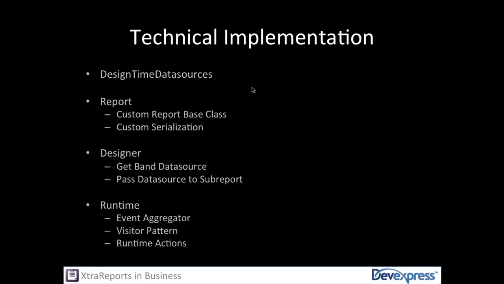The report has a custom base class and custom serialization. And the reason we do that is for several reasons. Number one, we added that button for select data source at the top. And when you select that, we want to store the selected data source in the report so that next time the business expert opens up the report, they're right back to the data that they were at before.